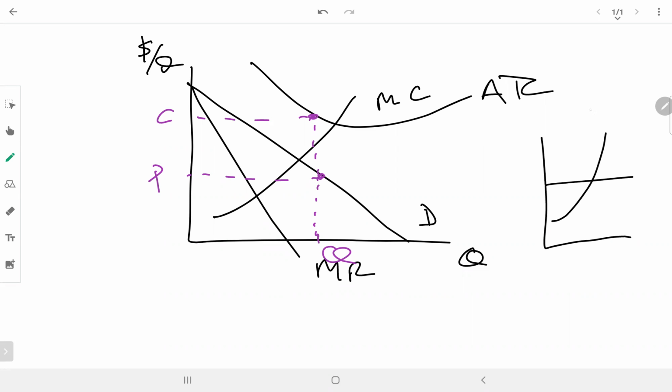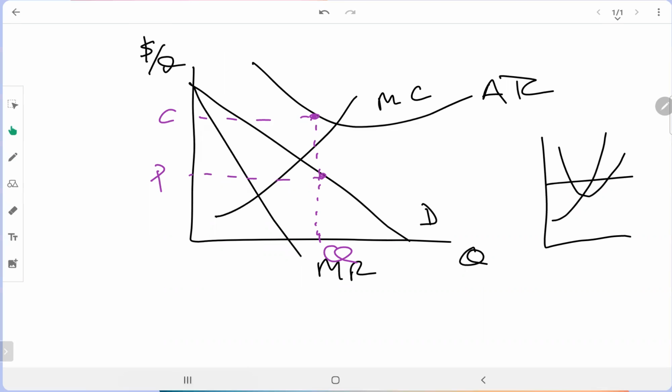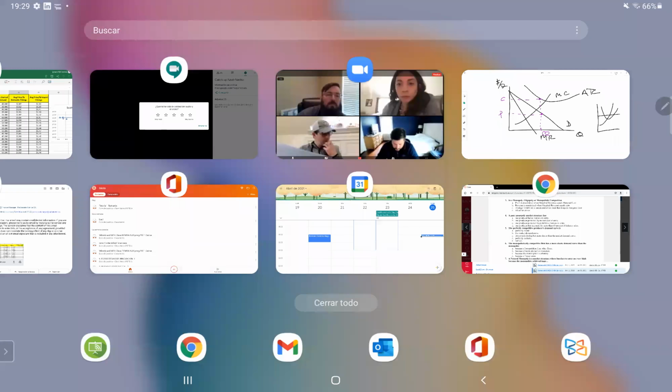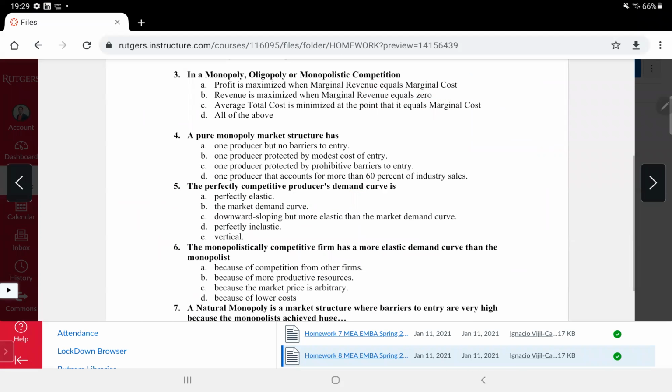You still had your marginal cost, and you still had your unit cost and whatnot, but your demand, which was equal to your price, and your marginal revenue looked like this. So this question refers to a firm level diagram that looks like that.